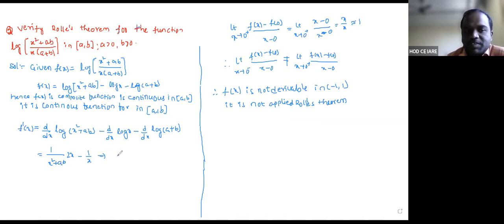The LCM is x into x square plus ab, and 2x square minus x square minus ab. So we get the value x square minus ab by x into x square plus ab.